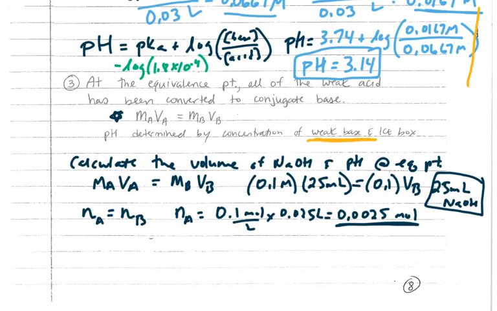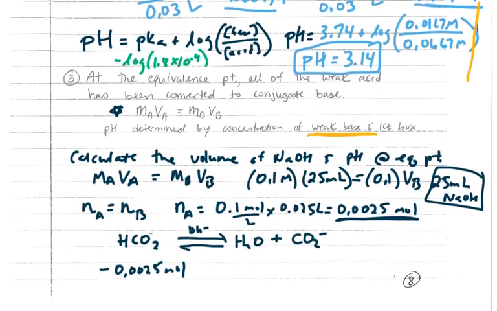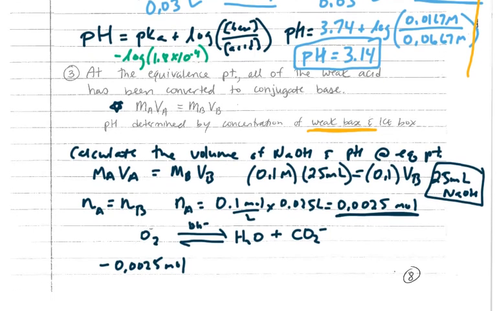But because it's a weak acid, HCHO2, if we neutralize 0.0025 moles of this, it means that we create, I didn't quite write this out, HCHO.